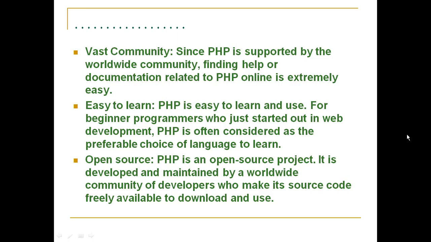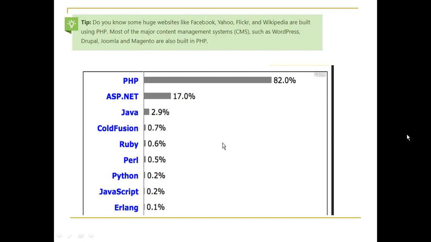Open source: PHP is developed and maintained by a worldwide community of developers who make its source code freely available to download and use. Do you know some huge websites like Facebook, Yahoo, Flickr, and Wikipedia are built in PHP? Most of the major content management systems (CMS) such as WordPress, Joomla, Drupal, and Magento are built in PHP.